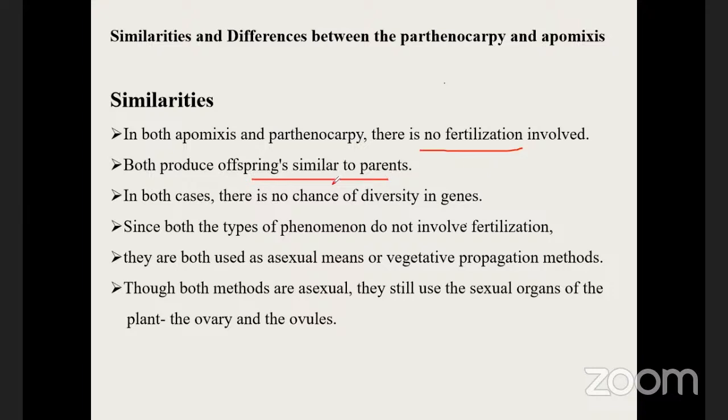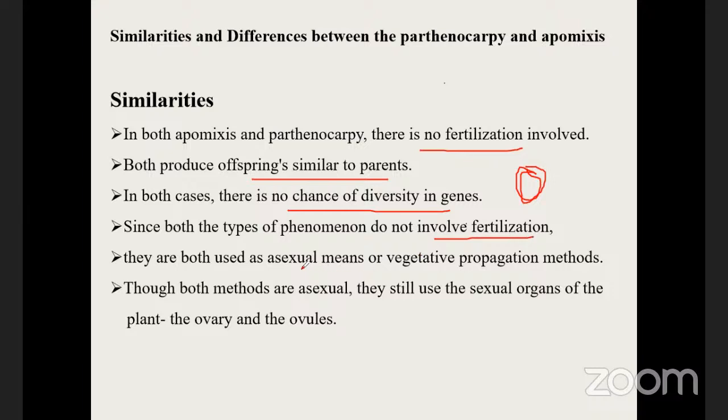In both cases there is no chance of diversity of genes. Why? From the same plant, from the mother plant only, it is producing the fruits. There is no other male plant. There are no pollens. There is no male and female fusion. So only mother genes will remain for the generations together. Both types of phenomena do not involve fertilization.